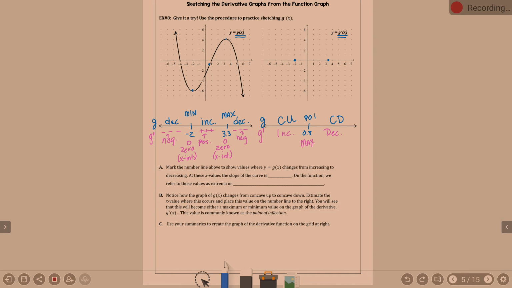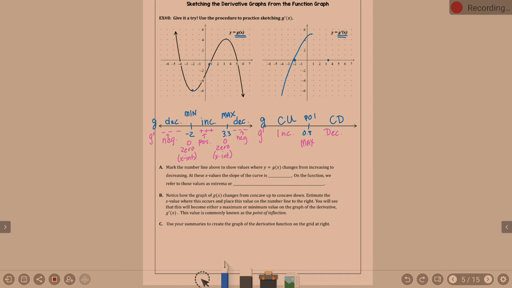Negative on this slope graph is going to be represented as below the x-axis. So over here, we're below the x-axis. Notice, what are we doing all the way up to 0.8? I just put a random point. We're increasing all the way up to 0.8. Before -2, my graph is negative.